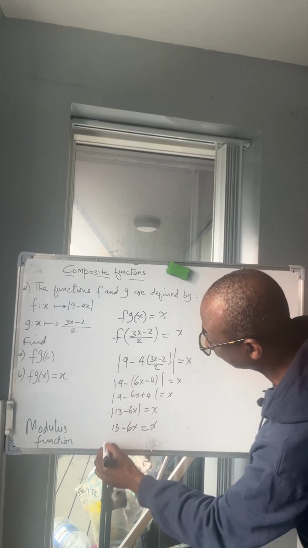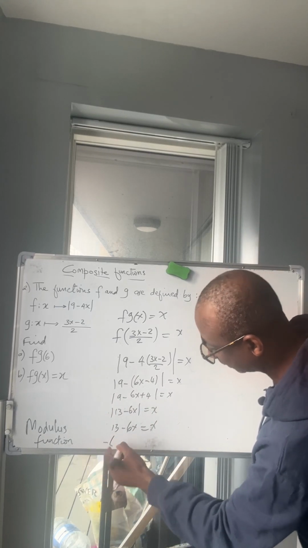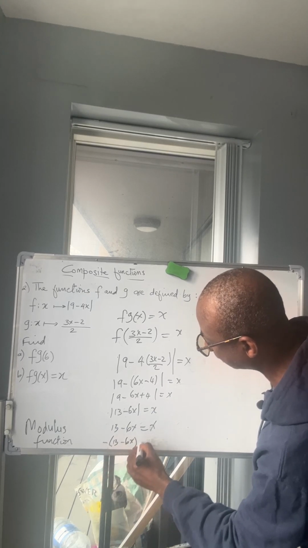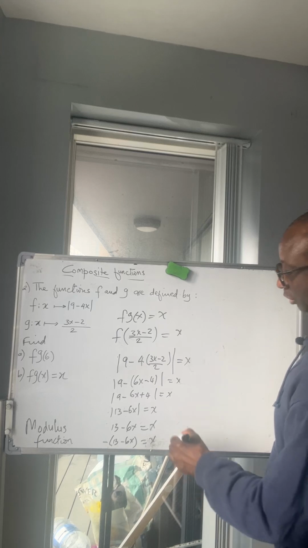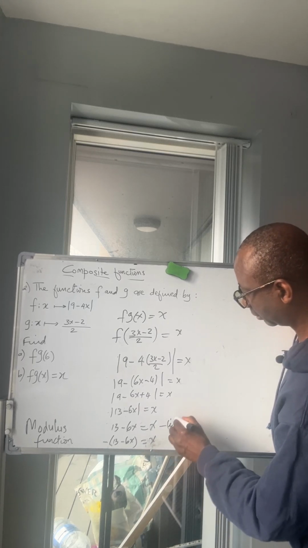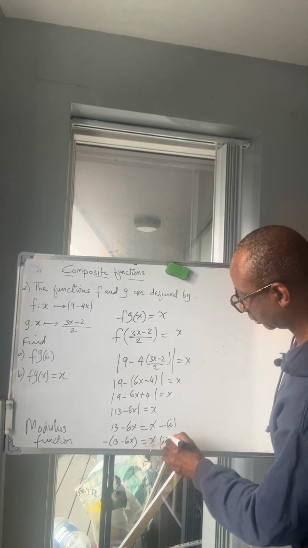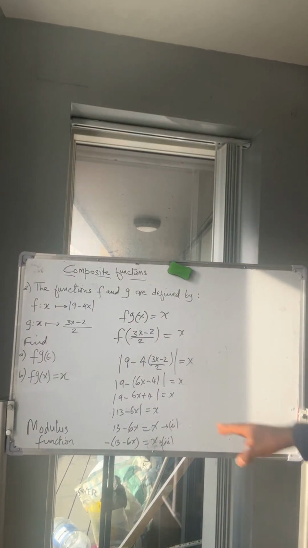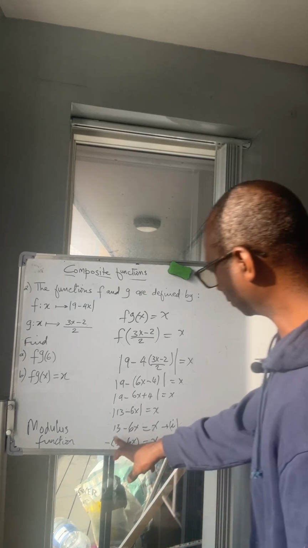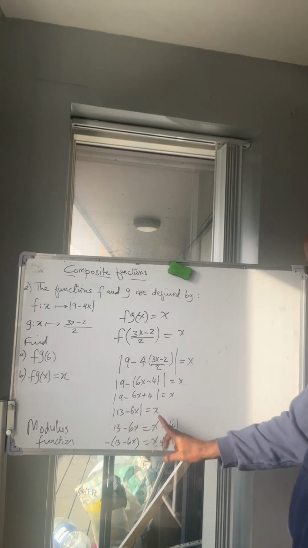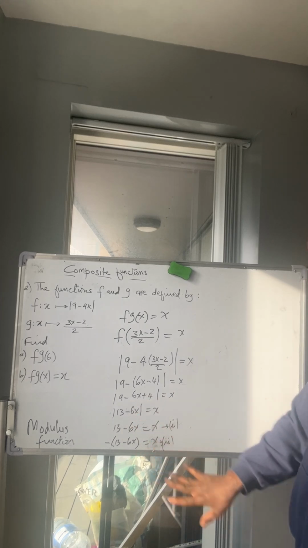So now it's going to be minus, negative sign, 13 minus 6x equals x. This is how they are done. You're going to have those two equations to solve. One is positive, one is negative. That is how this modulus function is being translated. It's two functions in one.